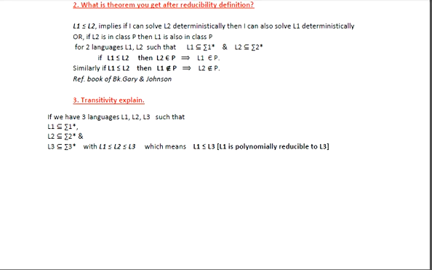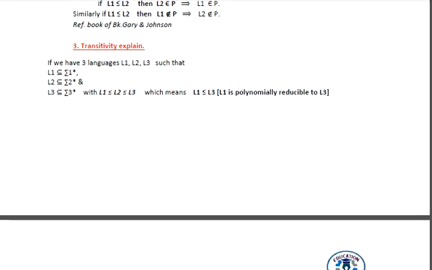Now if we can prove that L1 is polynomially reducible to L2 and L2 is polynomially reducible to L3, we can also say L1 is polynomially reducible to L3. That is called transitivity. I will discuss the proof later, but not in this video.